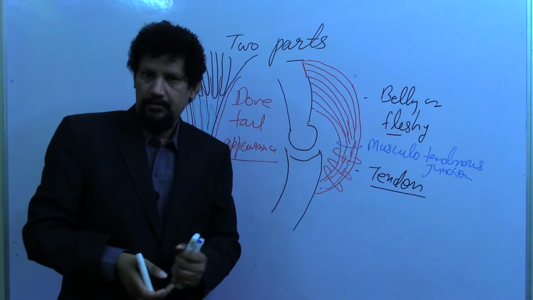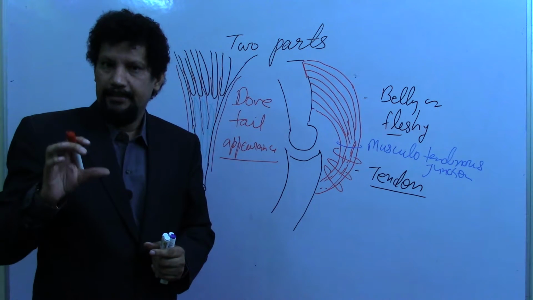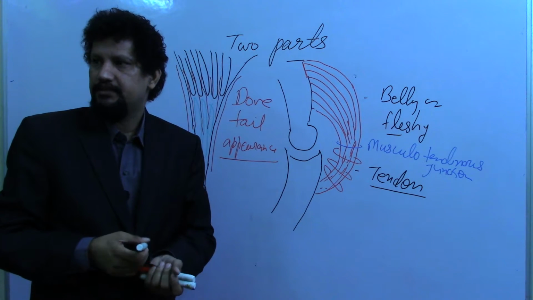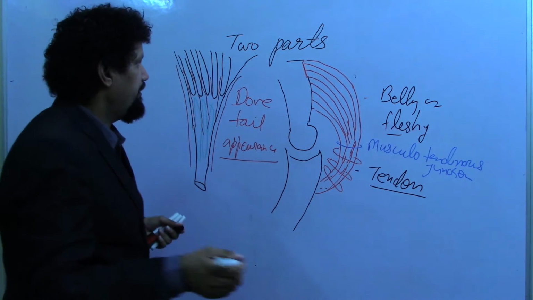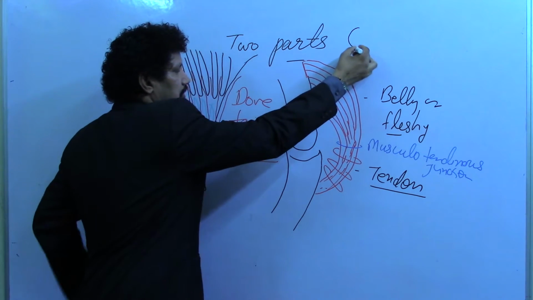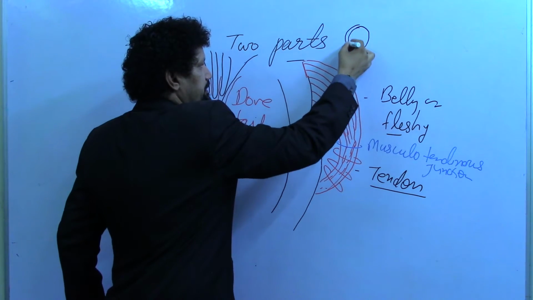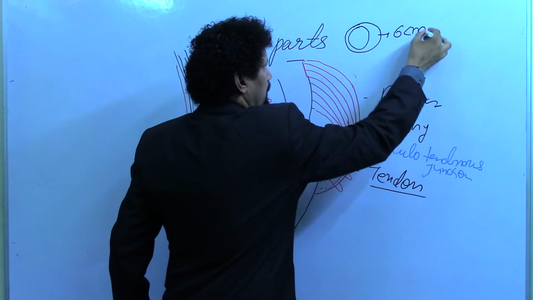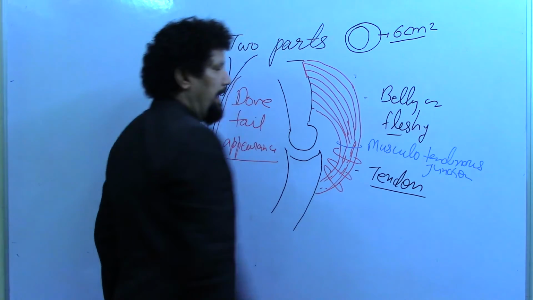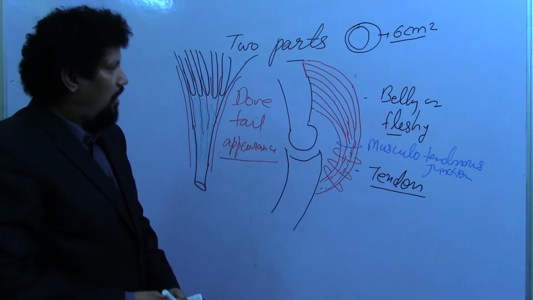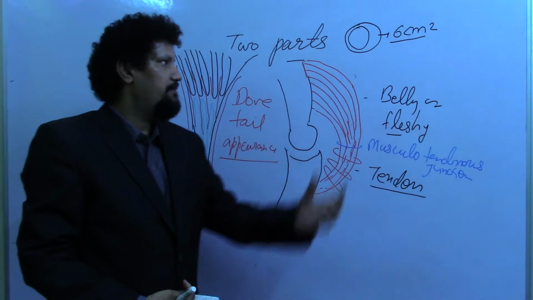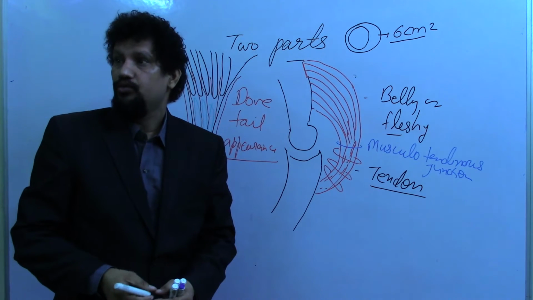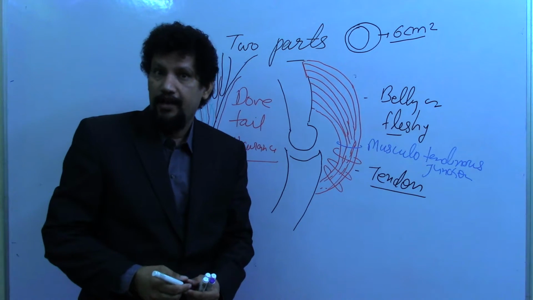A tendon having the transverse area or the cross area of 6 centimeter square can tolerate or can bear a weight of 4,000 to 8,000 kilograms.